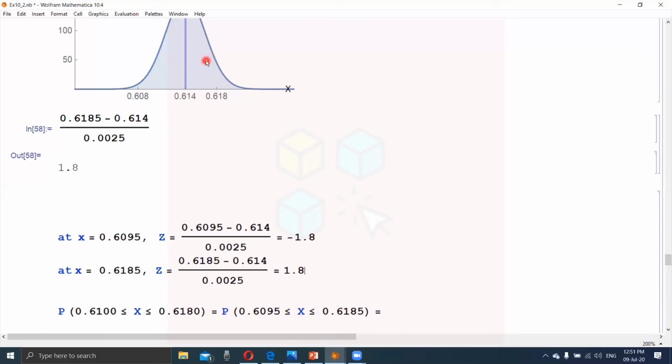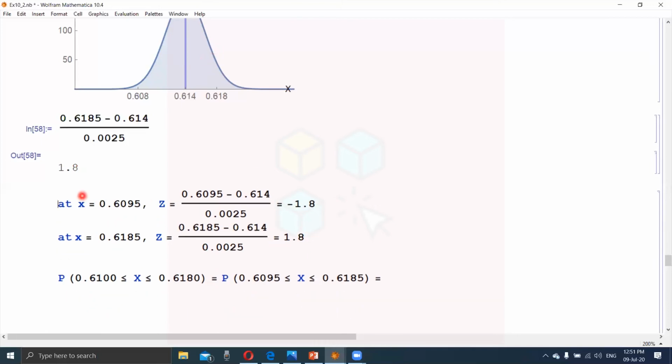So at these 2 points, we will write here the probability of minus 1.8 less than or equal to z less than or equal to 1.8, which are the corresponding values in z.